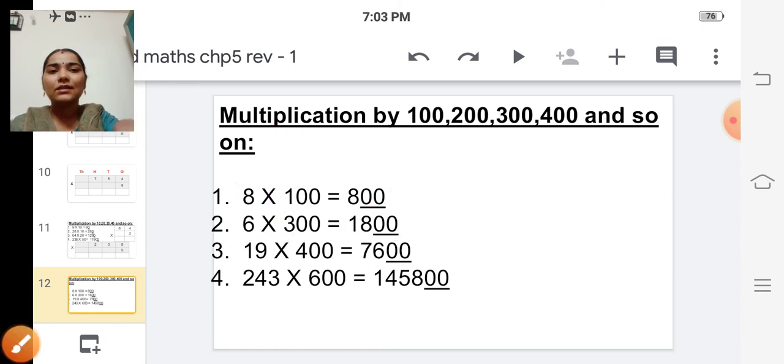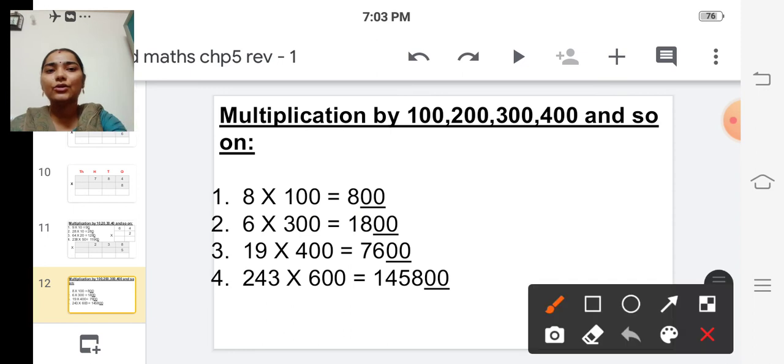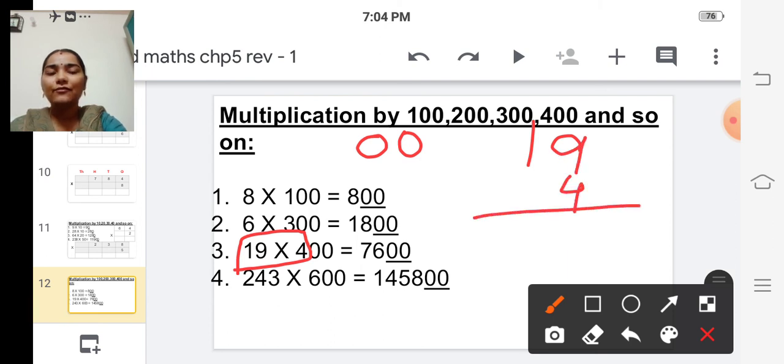Okay. See the third one, 19 into 400. First we have to write 2 zeros at the end. And then we have to multiply 19 and 4. 9 4s are 36.